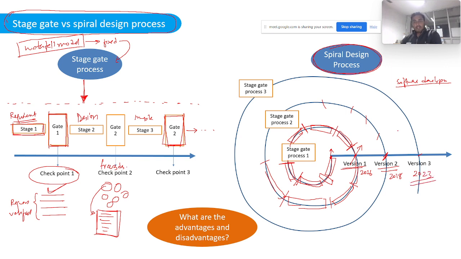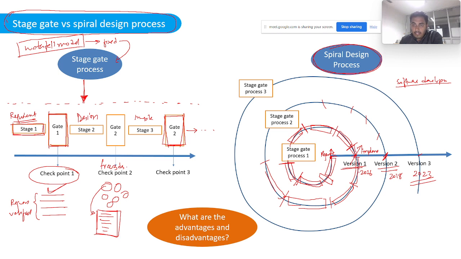So generally, for each of these cycles, which are spiral in nature, we have a new set of requirements and a new implementation, then validation.